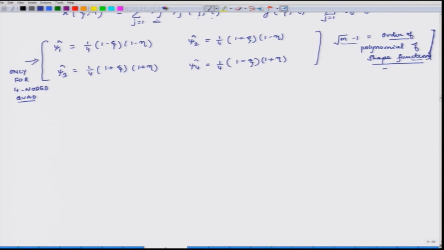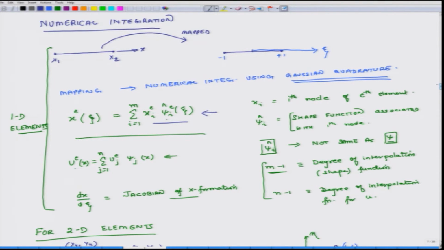Another similarity here is that for the 1D situation, when m was greater than n, then what was the formulation? Superparametric. That is, when the degree of shape function was higher than the degree of interpolation function for u, then we said that it is superparametric formulation.